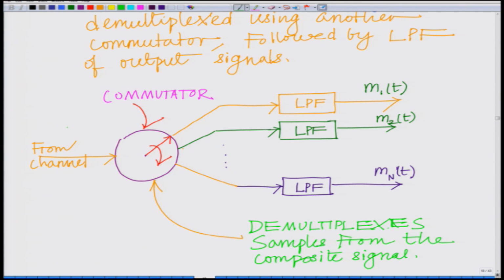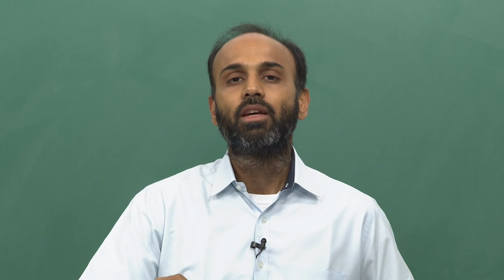Each of these demultiplexed streams of samples is individually low pass filtered to yield the appropriate signal. So, the samples corresponding to M1T are filtered to yield M1T, M2T, and so on up to MnT.